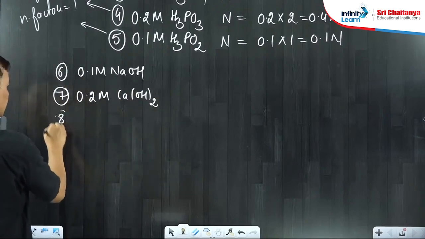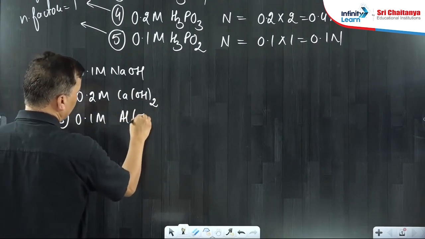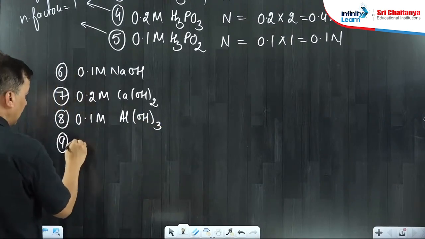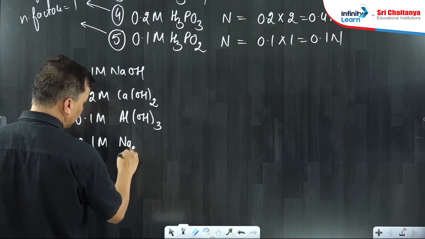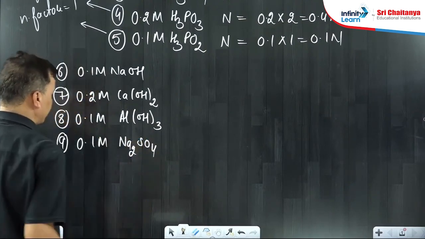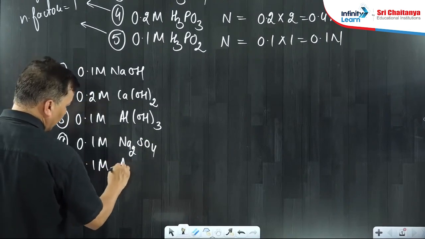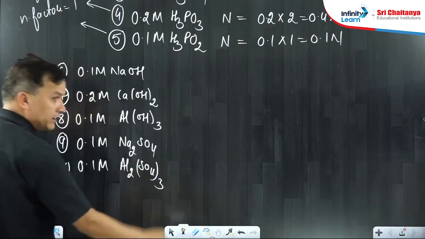Number 8, 0.1 molar aluminium hydroxide. Now number 9, for the salt, 0.1 molar sodium sulfate. Number 10, 0.1 molar aluminium sulfate, Al2(SO4)3.